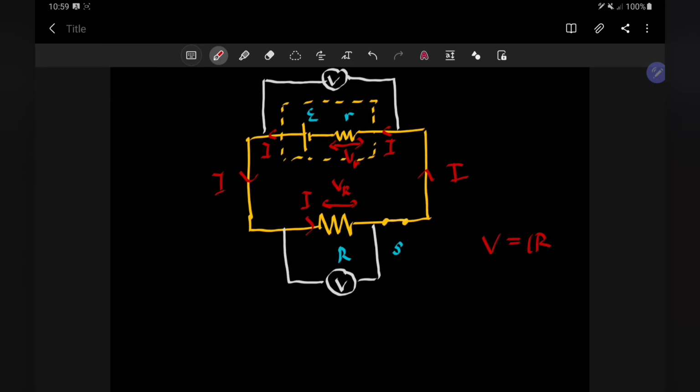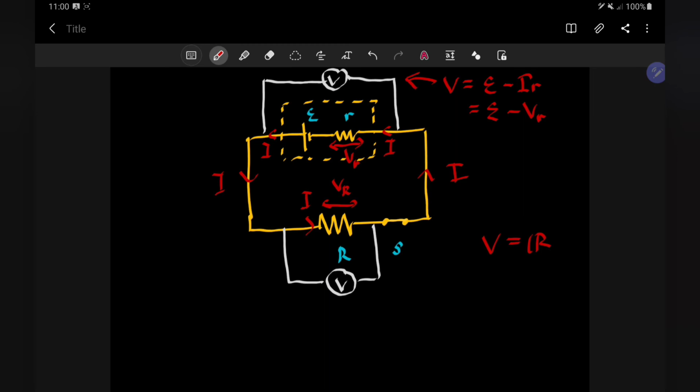Okay, in this case, please refer to the first voltmeter. The reading on the voltmeter now represents the potential supplied, which is the EMF, minus the potential drop. So the reading on the voltmeter is V equals EMF minus Ir, the potential drop by the internal resistance, which is EMF minus V small r. Am I correct?